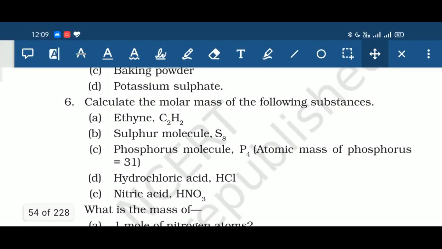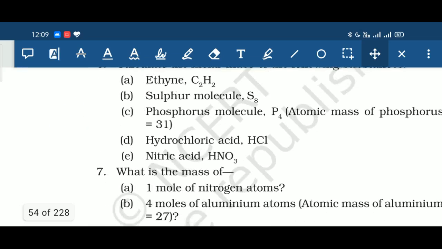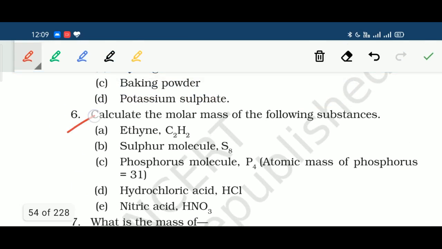Now come to back exercise question number 6 present on page number 44 and try to solve it. Calculate the molar mass of the following substance. First part, ethyne, formula C2H2.